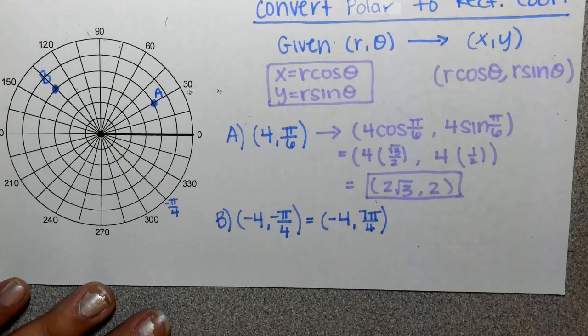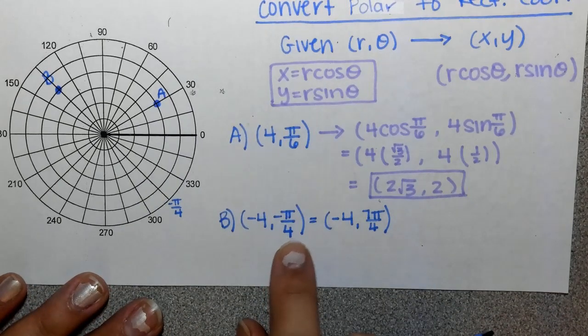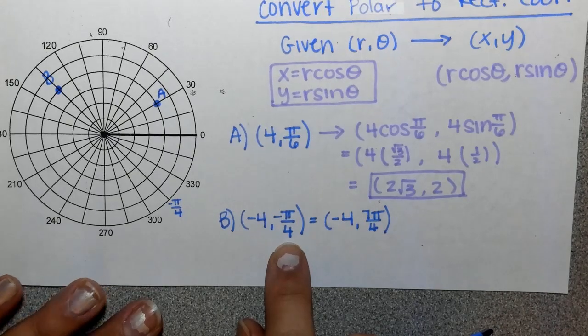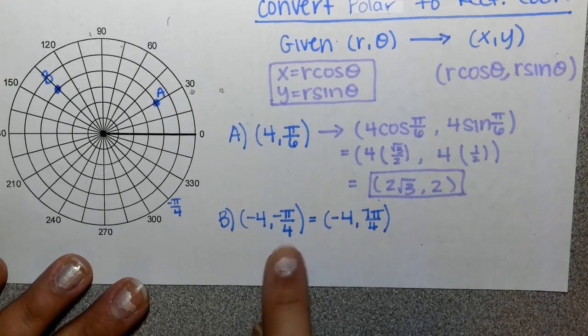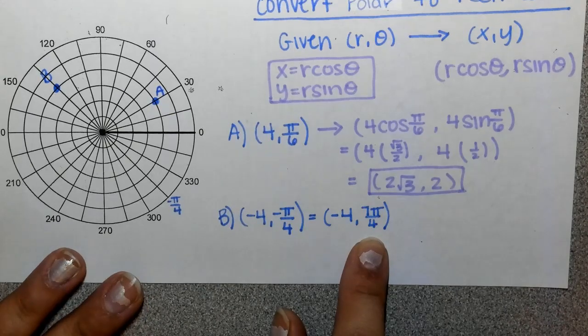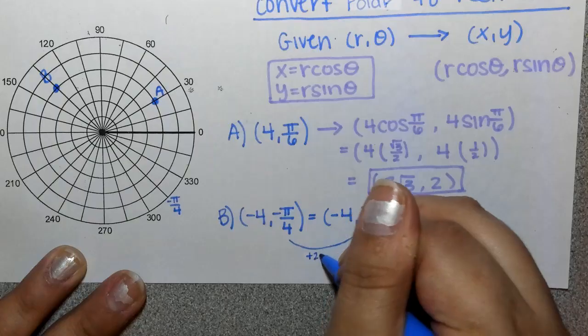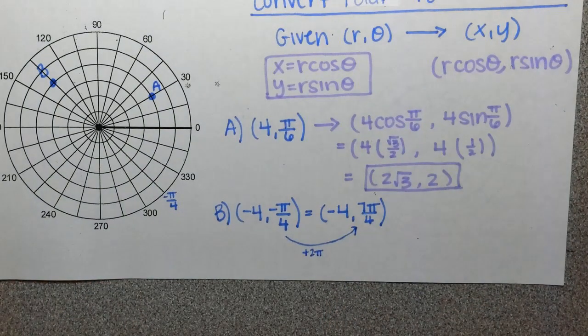Any questions? What if you did not know where negative pi over 4 was? You could add 2 pi to figure out what it's equivalent to. So from here to here, you can add 2 pi if you don't know where it goes.